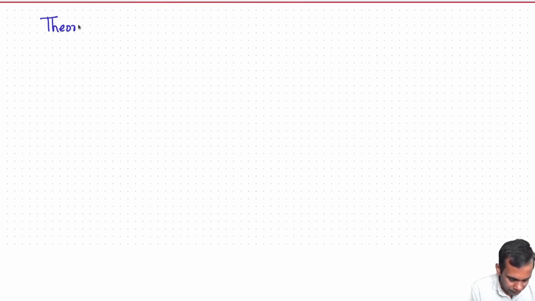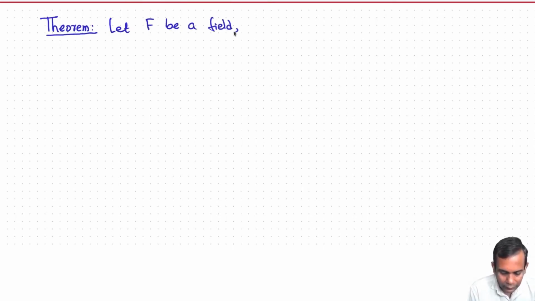The theorem is that suppose you have a field F and let p(t) be any polynomial in F[t].